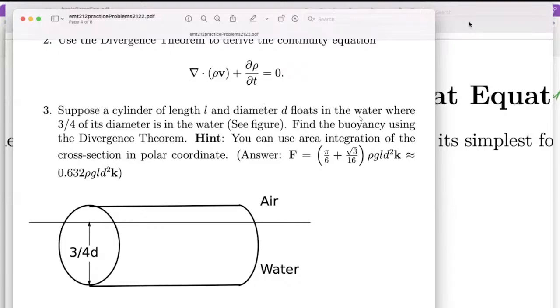What is it that you want to ask? If you have anything to ask about this problem, or the divergence theorem, or buoyancy in general, any question?